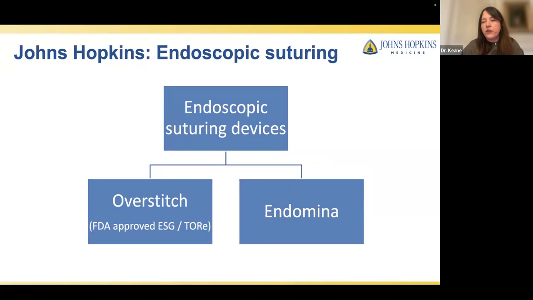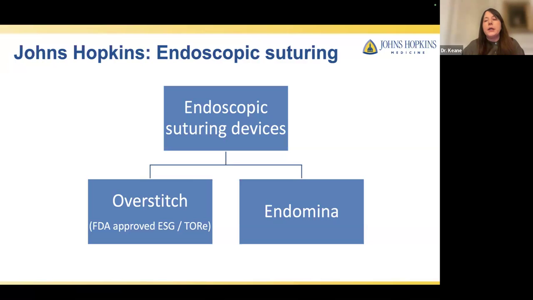And we have 2 of these available at Hopkins. The Overstitch device has been around the longest, and recently it's received FDA de novo authorization specifically for endobariatric procedures, which is a fantastic development forward. So it's been approved to perform the ESG procedure and also the revision procedure, the tool.